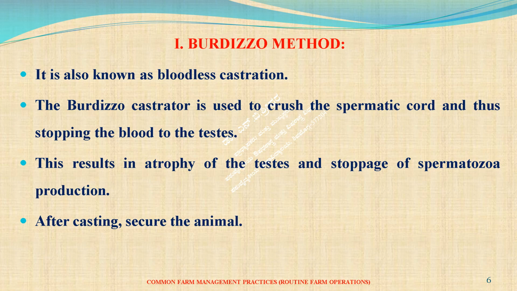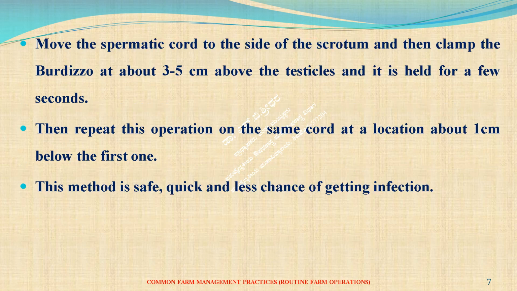This results in atrophy of the testis and stoppage of spermatozoa production. After casting, secure the animal properly, move the spermatic cord to the side of the scrotum, and clamp the Burdizzo 3 to 5 centimeters above the testicles.